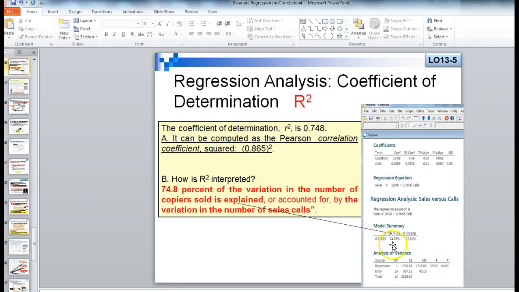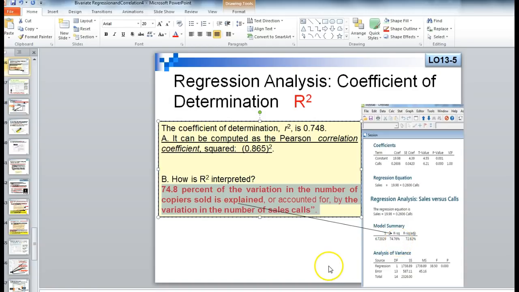So for instance, right here, again, we have the R squared. 74.8% of the variation in the number of copiers sold is explained or accounted for by the regression equation, by the variation in the number of sales calls. So my X variables that I've chosen have explained a lot of the variation of why sales are high and sales are low.